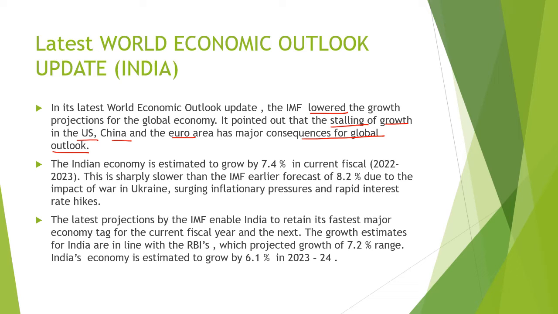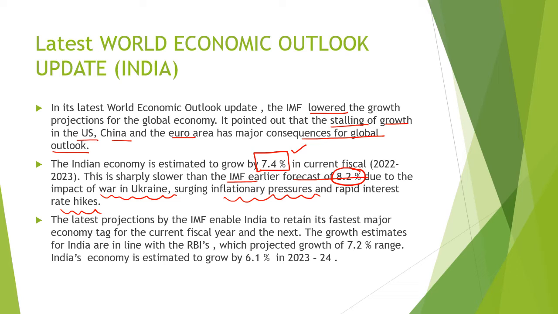The Indian economy is estimated to grow by 7.4% in the current fiscal year 22-23. This is sharply slower than the IMF's earlier forecast of 8.2%. Earlier it had forecasted that India's GDP in 22-23 would grow 8.2%, but now it has lowered this to 7.4% due to the impact of the war in Ukraine, surging inflationary pressure and rapid interest rate hikes.